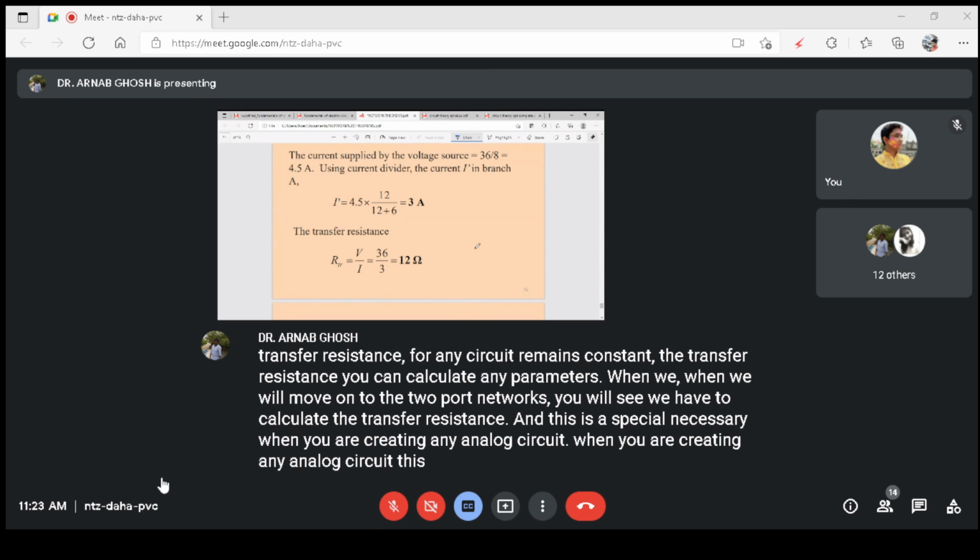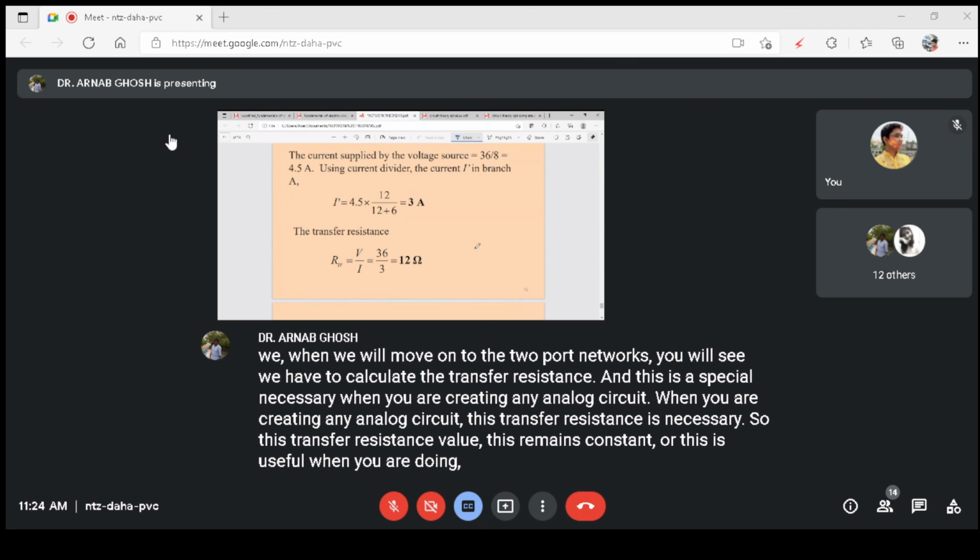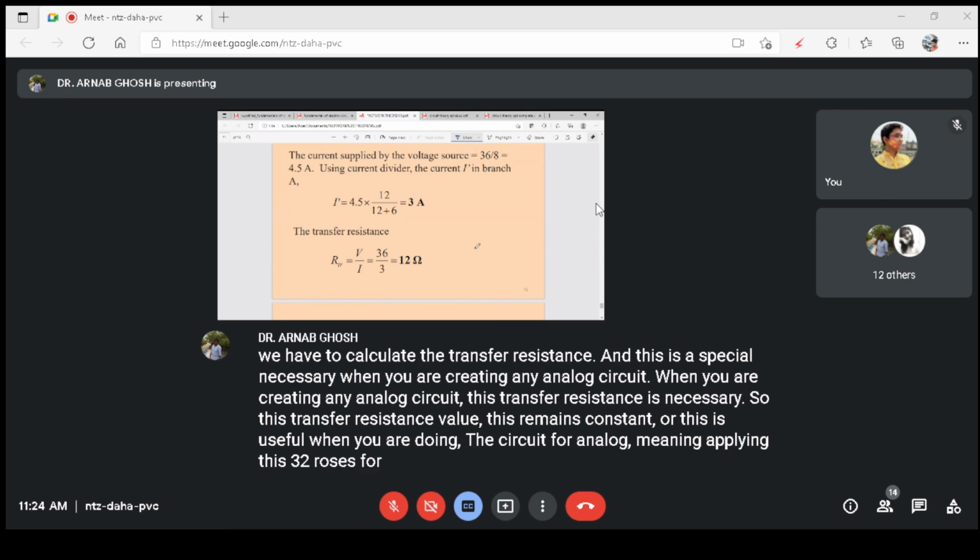This transfer resistance value remains constant when you are applying this circuit analysis for analog circuits.